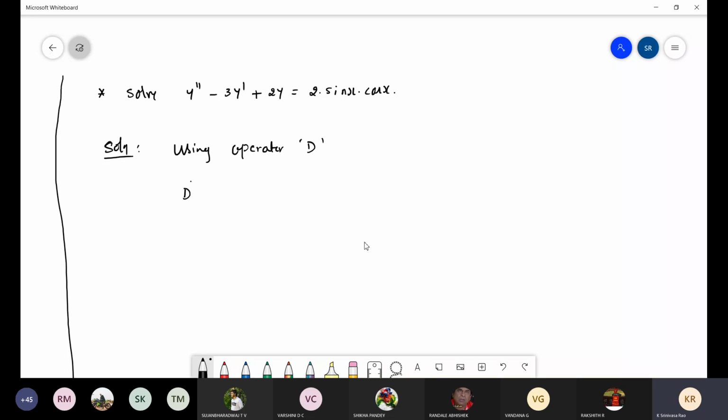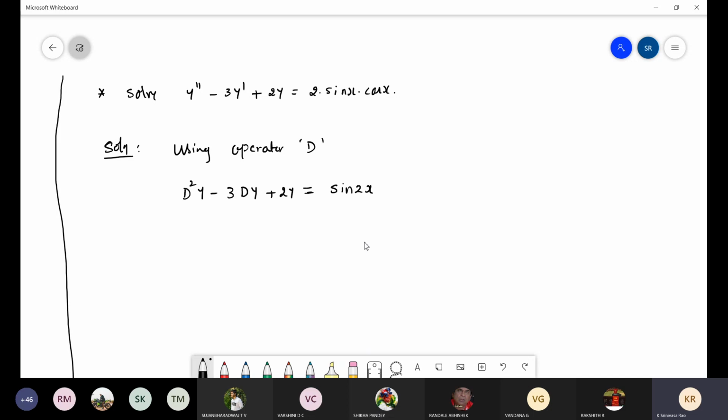Y double dash stands for d square y, minus 3y dash stands for dy, plus 2y. What is the RHS? Anyone? Sin 2x. This is a direct formula. For example, sometimes 2 is not given, only sin x into cos x. Then you can multiply by 2 and divide by 2 and convert our problem.